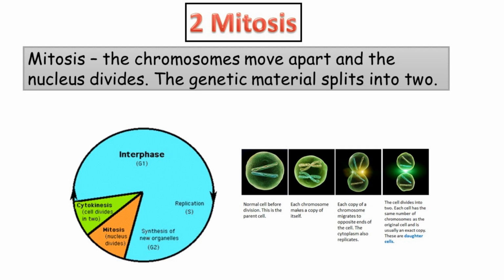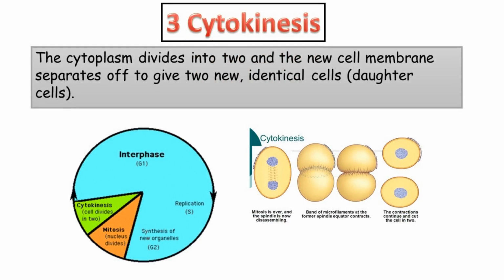The genetic material which has been copied is now split in 2 and divided amongst each side of the nucleus. The third stage was called cytokinesis, and this is when the cytoplasm divides into 2, creating 2 new daughter cells, each now with their own copy of the original DNA.